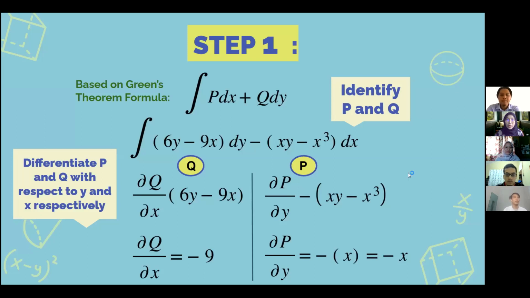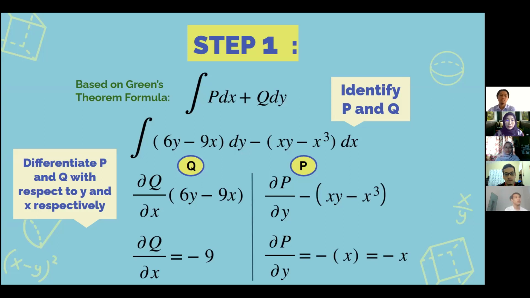Okay, for step 1, the Green's theorem formula is the integral of p dx plus q dy. First, we must identify the p and q functions. In this case, we found that p is xy minus x cubed and q is 6y minus 9x.